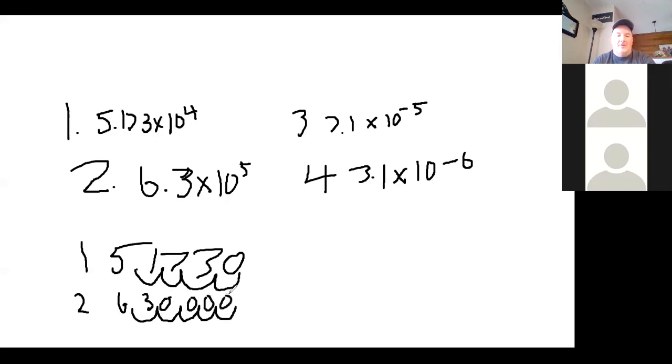Making our answer what? 630,000. Okay? So it's 630,000 for number 2. All right?